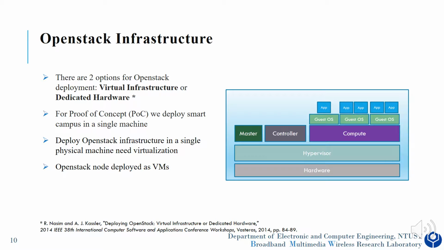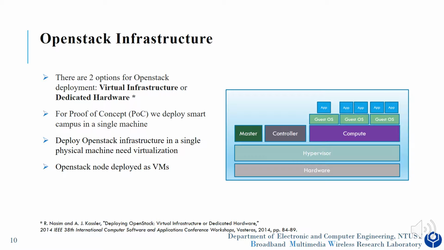OpenStack offers two options for deployment, that is virtual infrastructure or dedicated hardware. In our case, since at this stage we are responsible for providing a proof of concept to demonstrate that the smart meter service can be deployed in a cloud architecture and that it's feasible, we deploy in a virtual infrastructure.